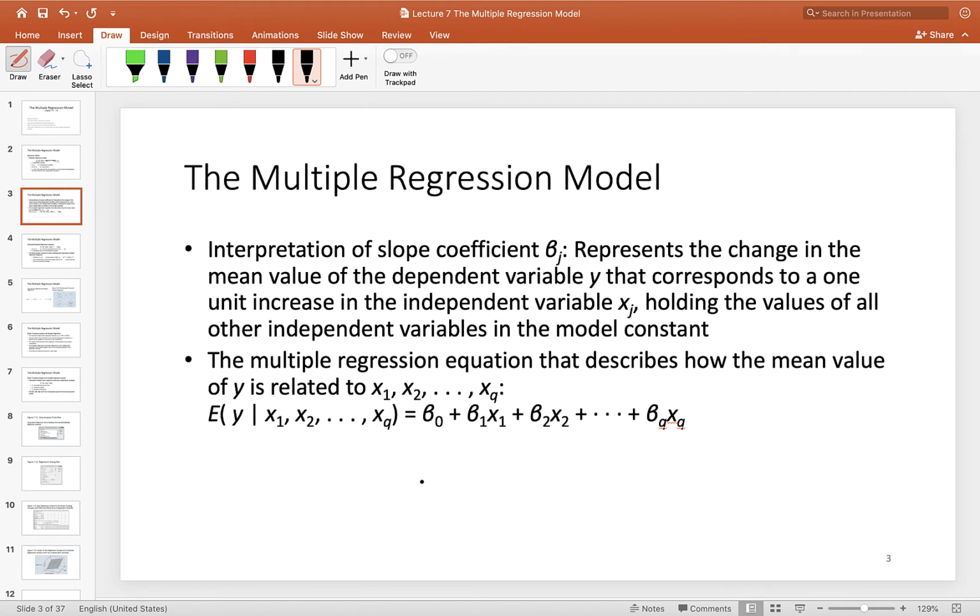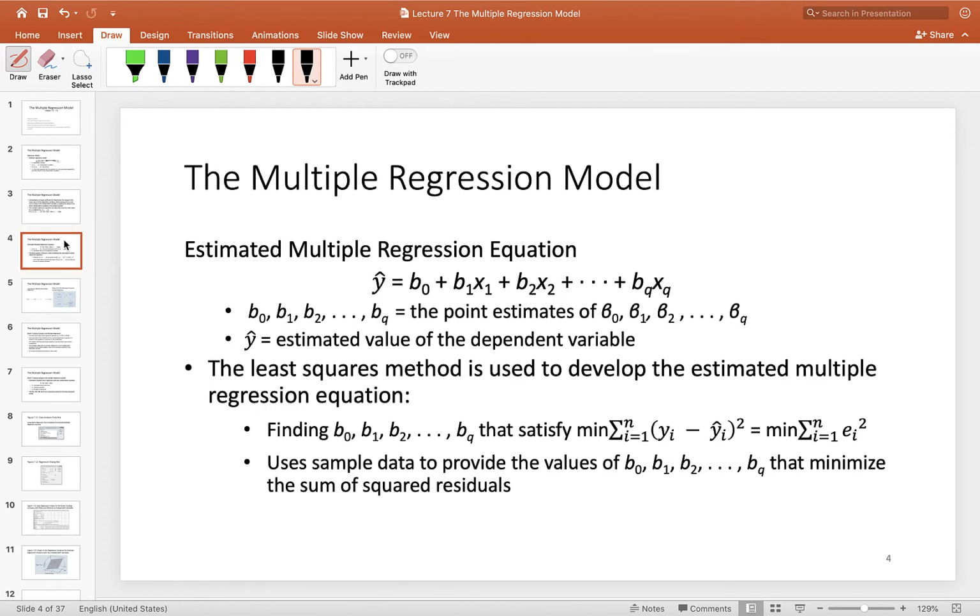So moving on to here, the estimated multiple regression equation looks like this. The difference is that we're using b rather than beta, and all that means is that we're acknowledging that we don't have population data and we're using samples to derive our estimated multiple regression line.